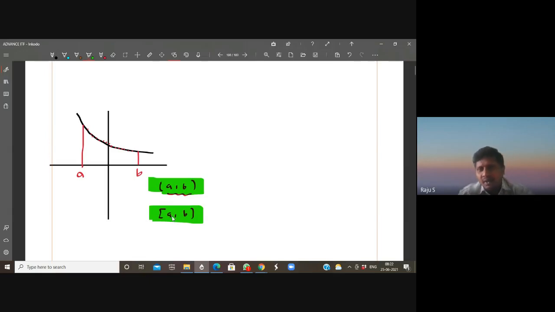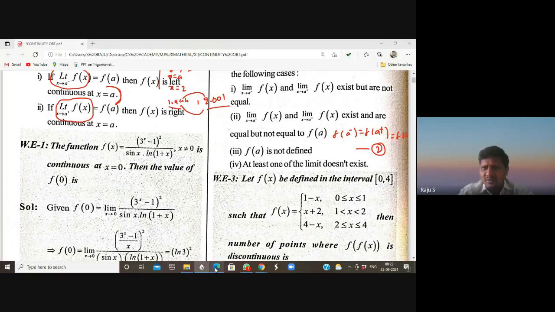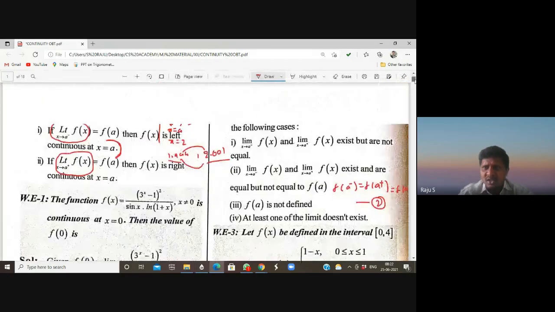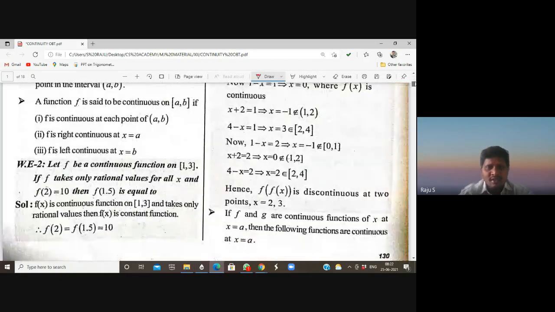Then we can say the function is continuous in the closed interval a comma b. Open interval, closed interval, nothing but each and every point it is continuous.